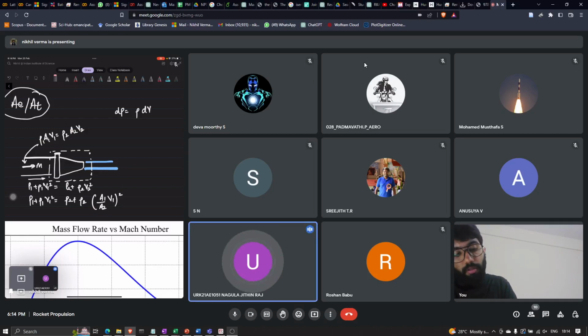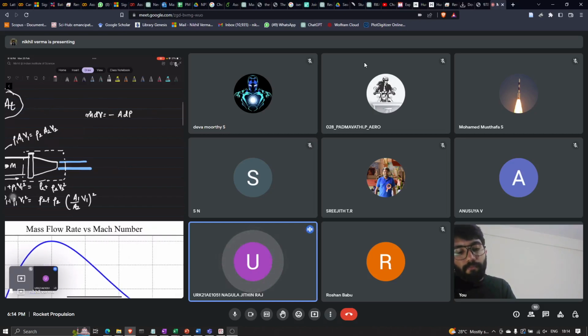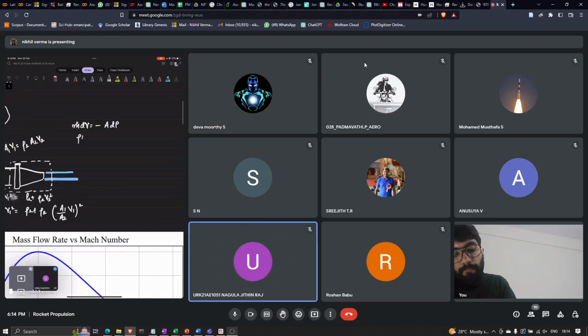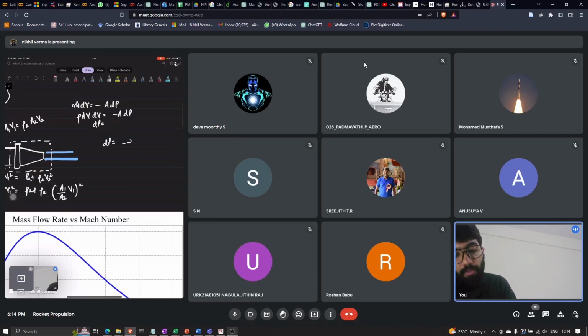It's minus. Okay, right, that's what I have written: dP is equal to minus. This is just the Euler equation, which you derive. So this is when this area gets cancelled out.